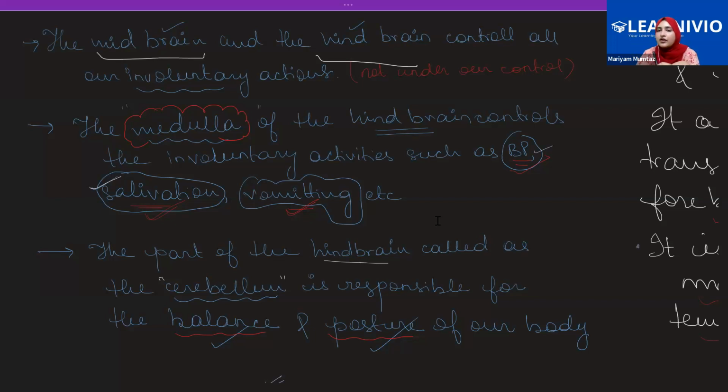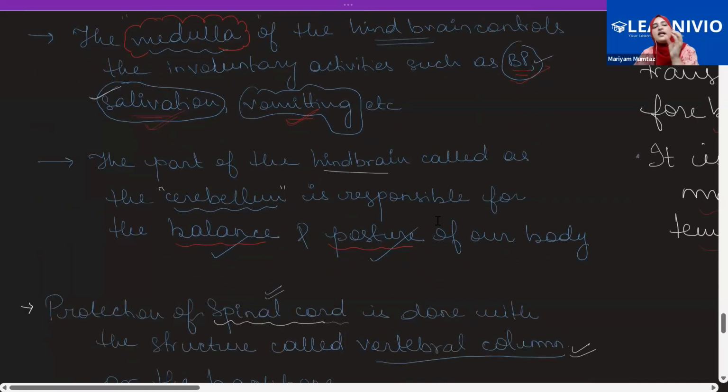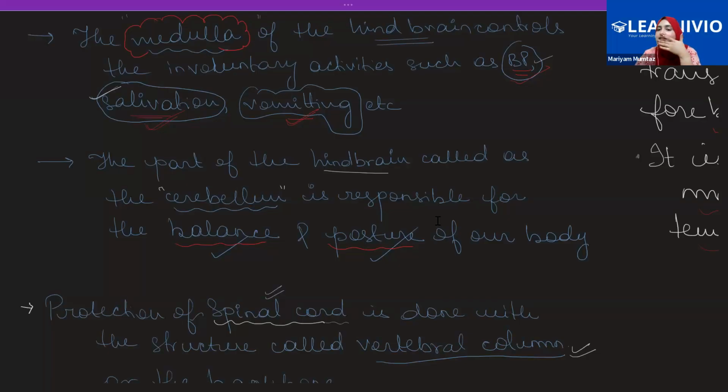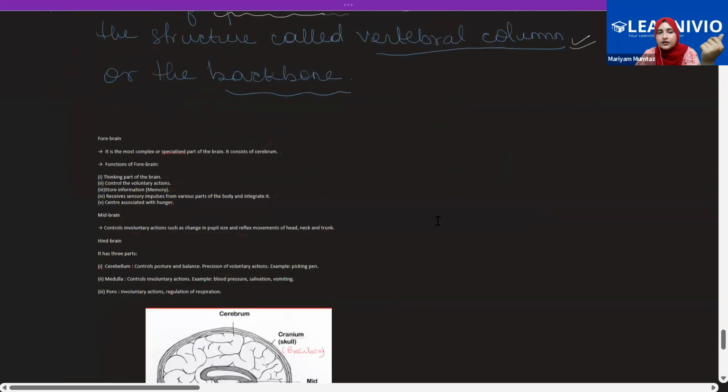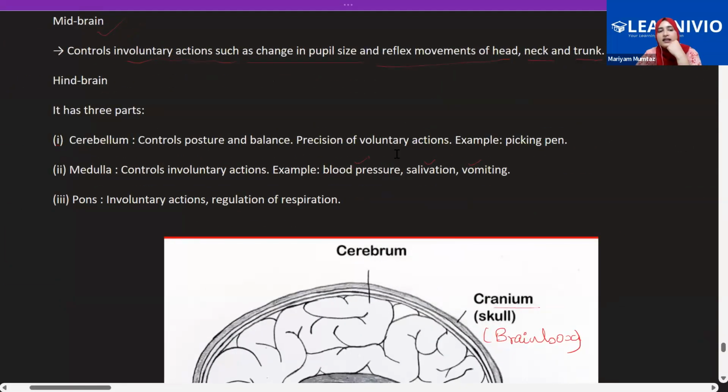The medulla region of the hindbrain is responsible for controlling some involuntary activities like blood pressure, salivation, and vomiting. The cerebellum is a very tiny part, the tiniest part of the human brain, and it is responsible for the balance and posture of our body. So here, if you see, the hindbrain has three parts.